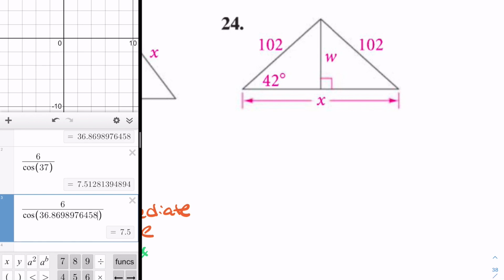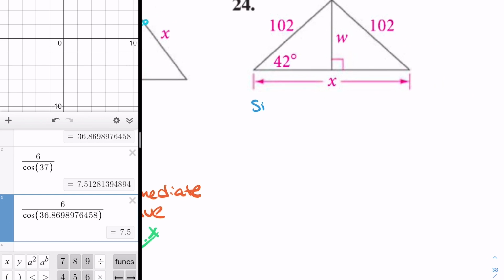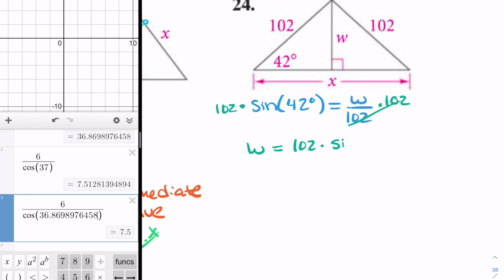All right, so here's the deal. Let's start with the sine of 42 degrees, which is equal to W over 102. And this one's nice. I can just multiply both sides by 102 because it's in a numerator. So W equals 102 times sine of 42 degrees.